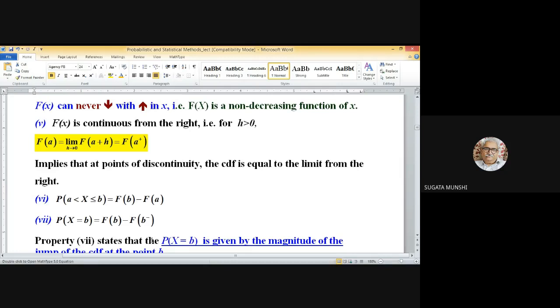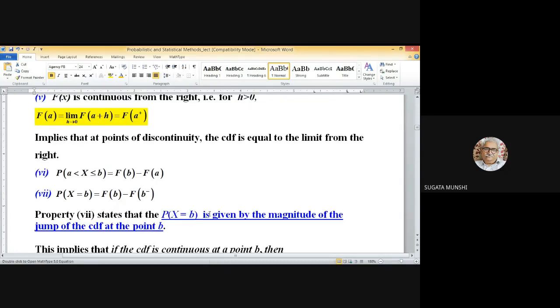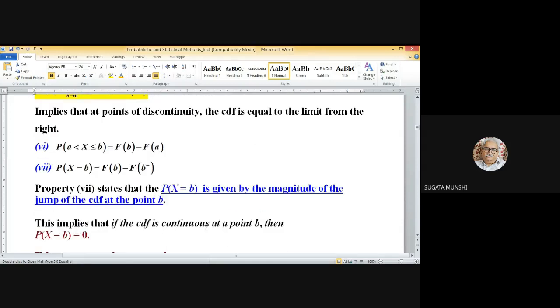So according to this property, probability of X equal to B is given by the magnitude of the jump of the cumulative distribution function at the point B. What does it imply? In case of a discrete random variable, only there can be a jump. For a continuous random variable, there cannot be such a jump discontinuity. So in case of a continuous random variable, the probability of X equal to B will be 0. All right.